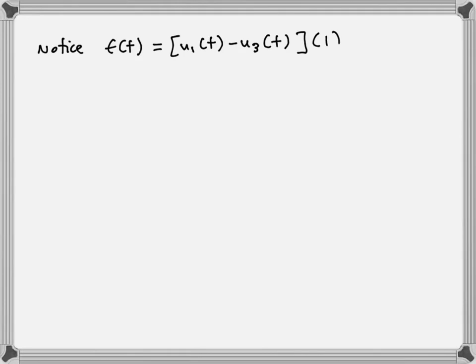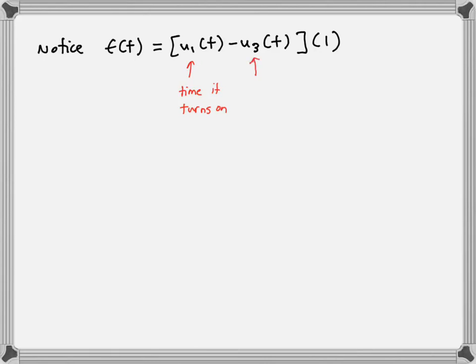I want us to notice that when we had f of t equals u1 of t minus u3 of t, there wasn't a 1 written there, but I wrote it as a 1. Here's how you want to think about it, okay? This first number is the time it turns on.